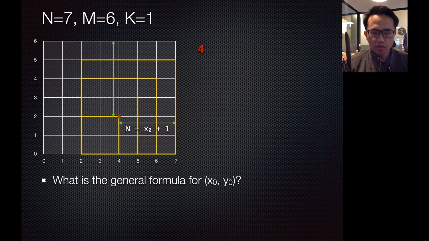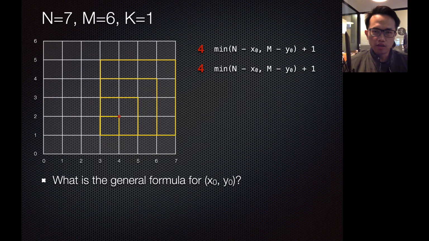Now, if we take the horizontal lines that we can draw from the red dot and move up, we can draw 5 lines, which in this case is m minus y naught plus 1. And the number of squares we can draw is the lesser of those 2, which is the min of n minus x naught plus 1 and m minus y naught plus 1. And in this case, we can do it twice and the answer is still the same.